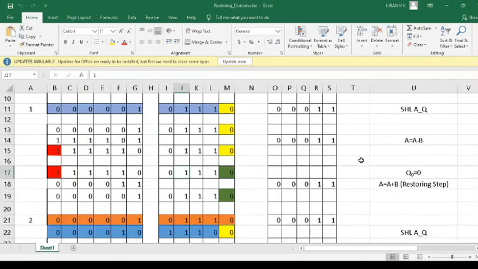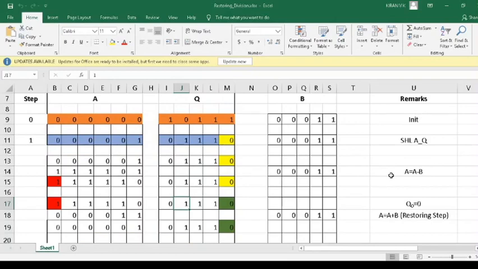Okay, so our A equal to A minus B portion is over, and the next thing is we need to finalize this quotient bit. I told you about the yellow part of the Q field, which we are initializing as 0, but we need to fix what that bit is going to be.